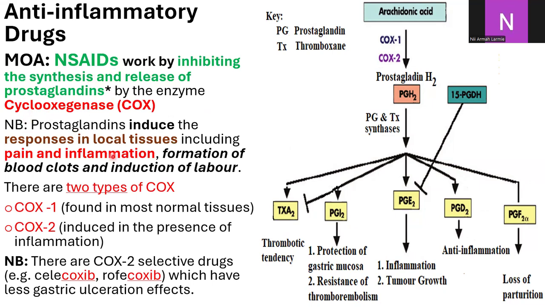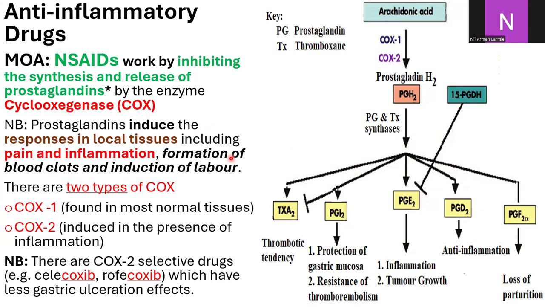Then note that prostaglandins are the inducers of responses in local tissues, which include pain and inflammation, which is what we are looking at. Prostaglandins are also responsible for blood clotting activity, and they are also responsible for induction of labor.